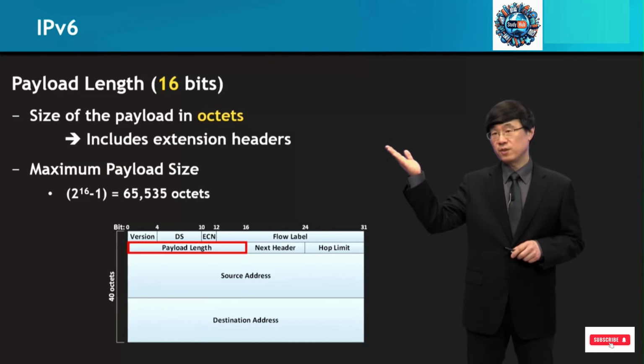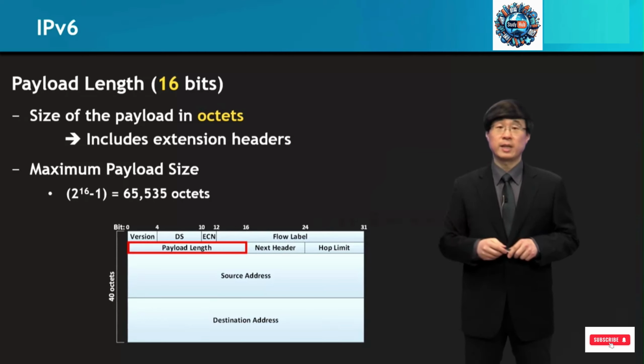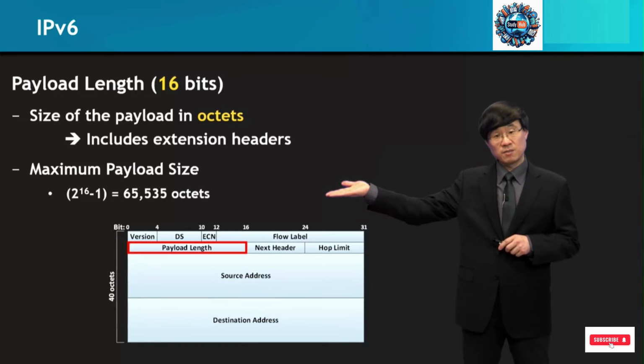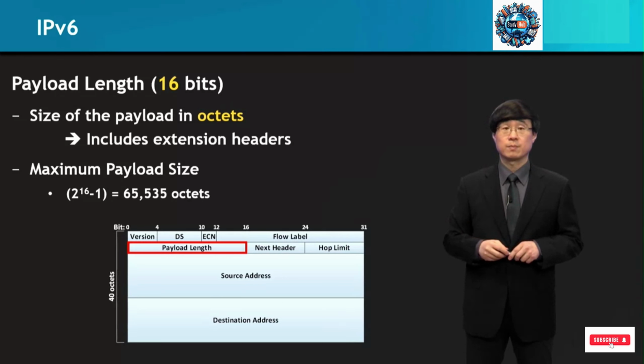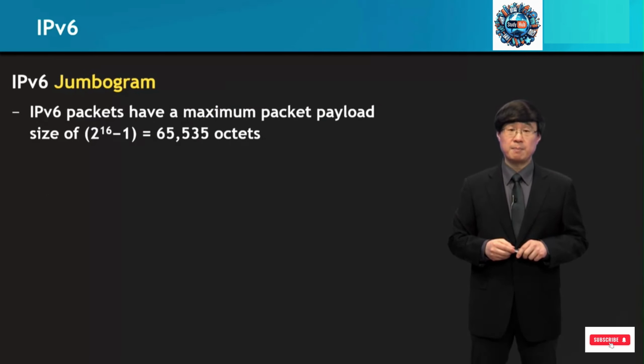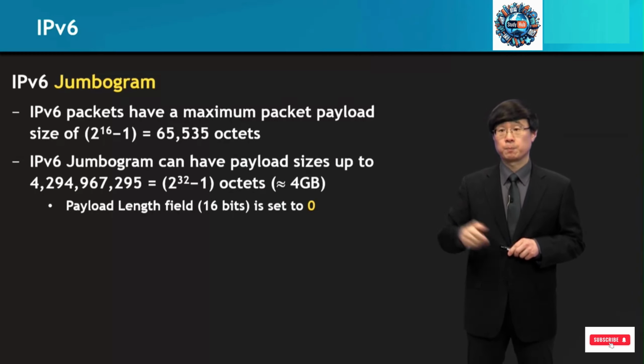The payload length field indicates the size of the payload in octets, and it includes the extension headers. The maximum payload size is a size that is representable using the 16 bits of the payload length field. So therefore, it is 2 to the power of 16 minus 1, which equals 65,535 octets. A much larger size of an IPv6 packet can be supported under the IPv6 jumbogram protocol.